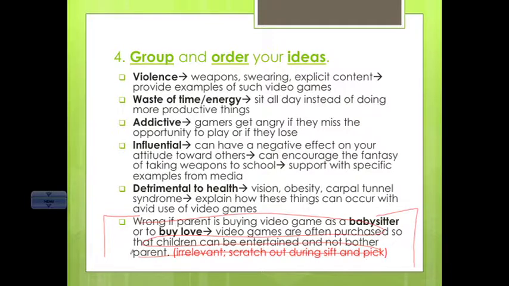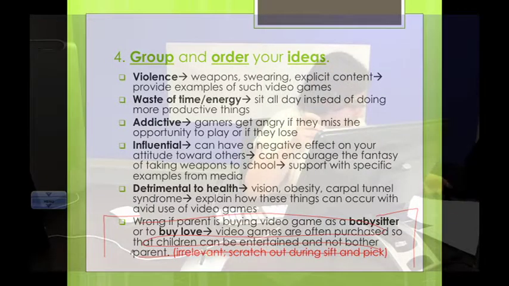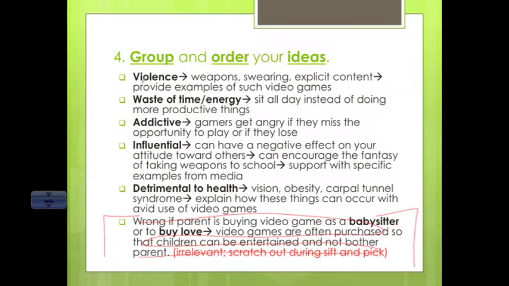So I'm going to be grouping and ordering my ideas. How I want to do this is I'm going to look at the bolded wording right here and ask myself, how can I put these ideas together? Well, I can say that violence goes together with influence, because the more violent something is, the more influence it has on somebody, and therefore there are consequences for it.